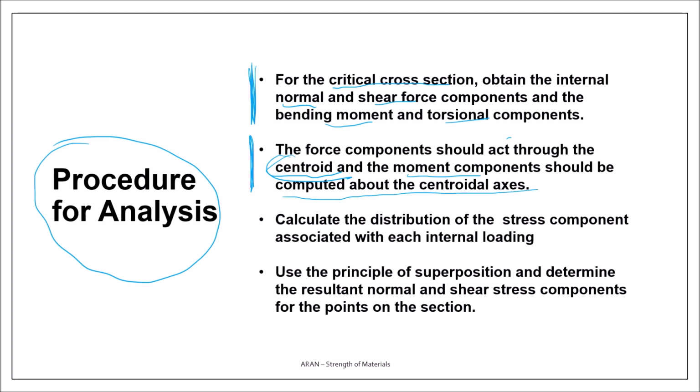So if you have this, the next step is to calculate the distribution of the stress components associated with each internal loading separately. Normal, shear, bending, torsion separately. And if you have these, use the principle of superposition and determine the resultant normal stress and shear components for the points on the section.